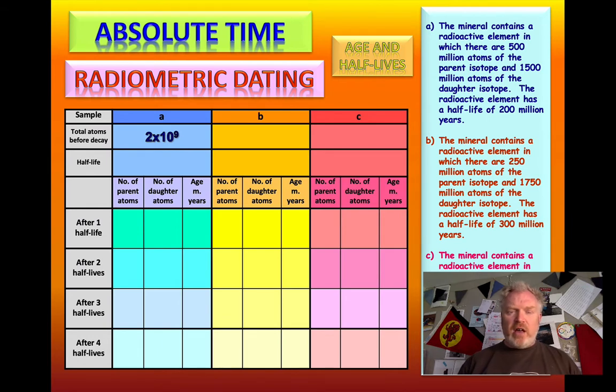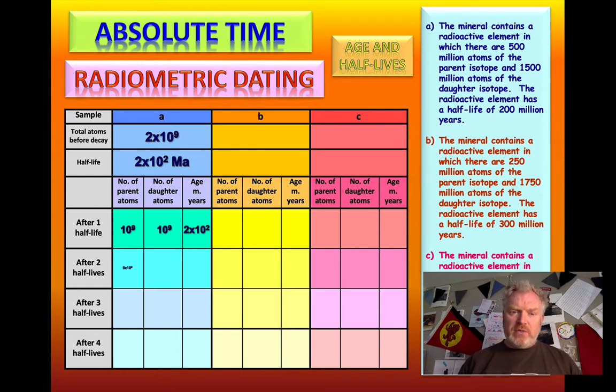It says we have a half-life of 200 million years. So after one half-life, we're going to see 1,000 million parent and 1,000 million daughter. So with the half-life then of 200 million years, that's going to be 200 million years of time.